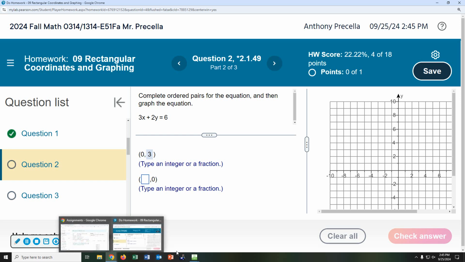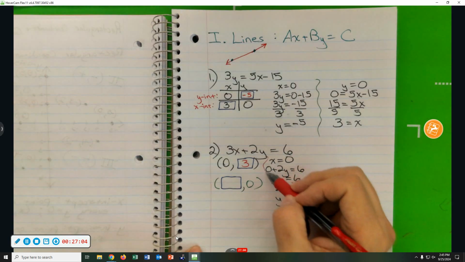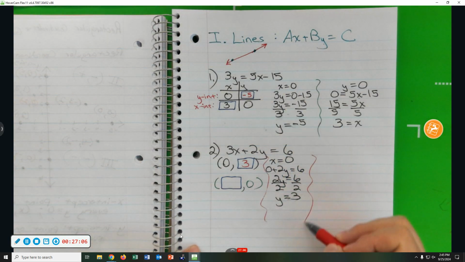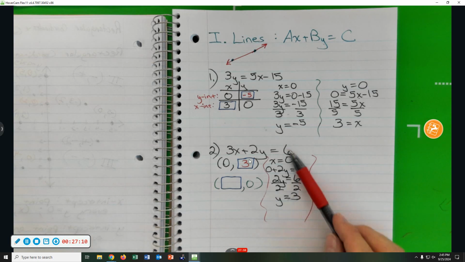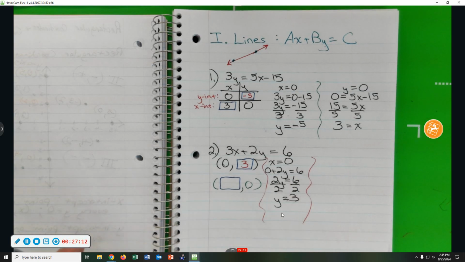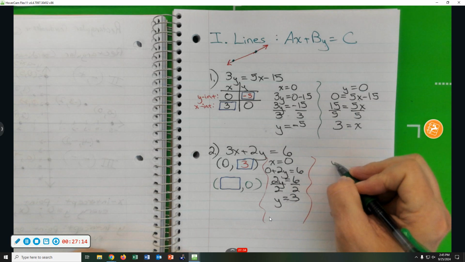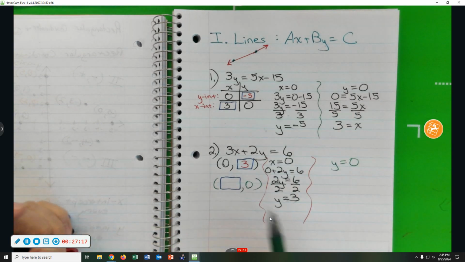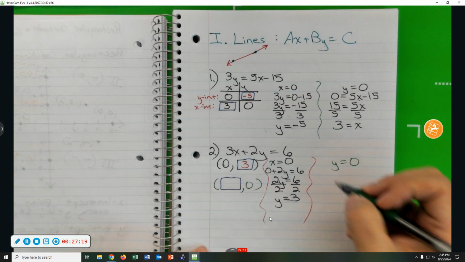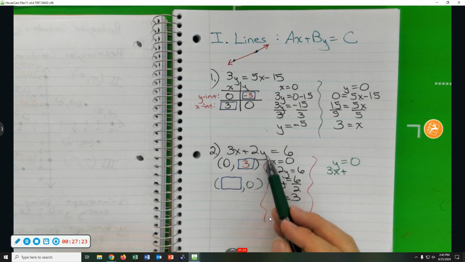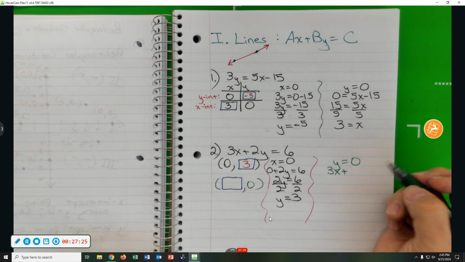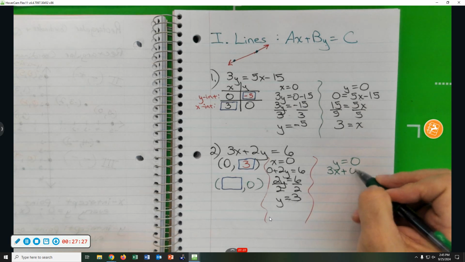I put those little wavy lines to separate the work. Here's the work when I plugged in 0 for x. Now I'm going to plug in 0 for y. That'll give me 3x plus 2 times 0 equals 6.